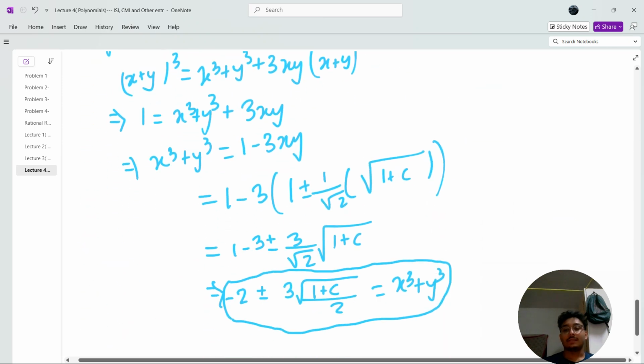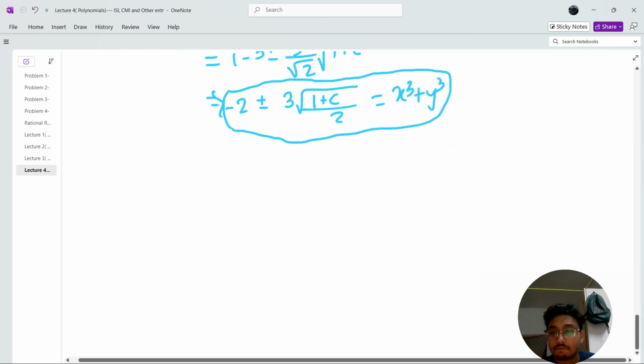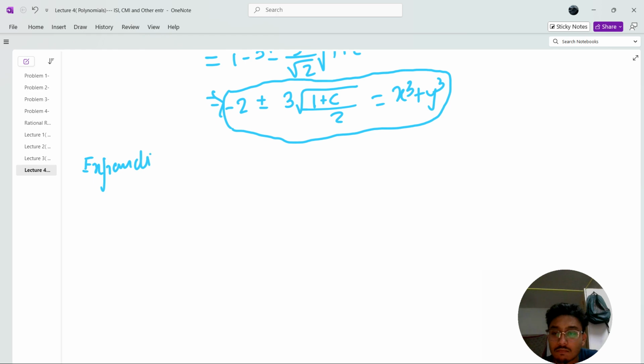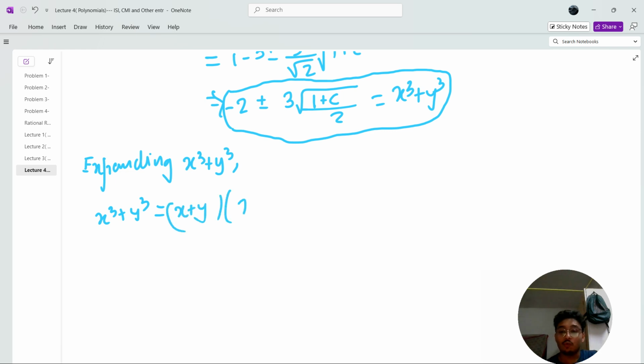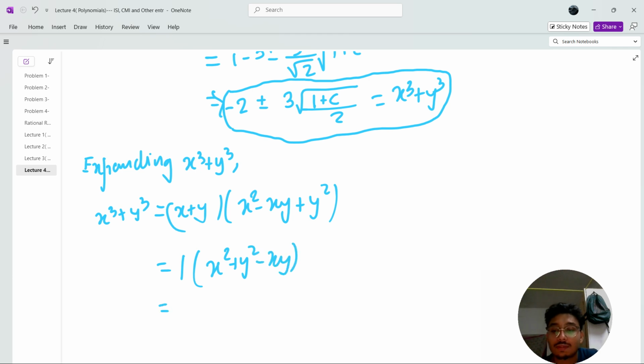Another way is by expanding x cube plus y cube. Now, formula of a cube plus b cube is (a plus b) into a square minus ab plus b square. So my x plus y is 1 into x square plus y square minus xy. So that is ultimately my x square plus y square minus xy.